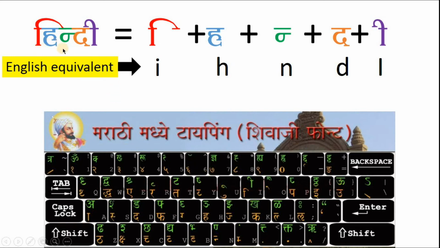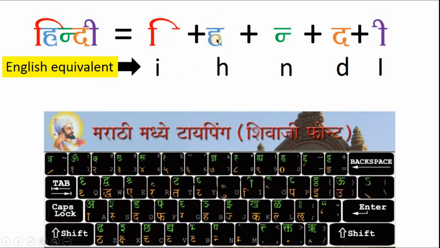Now consider we want to print this Hindi word. This is made up of these 1, 2, 3, 4, 5 characters. For this character, the equivalent English character is here. We can see small i. So we need to send small i.